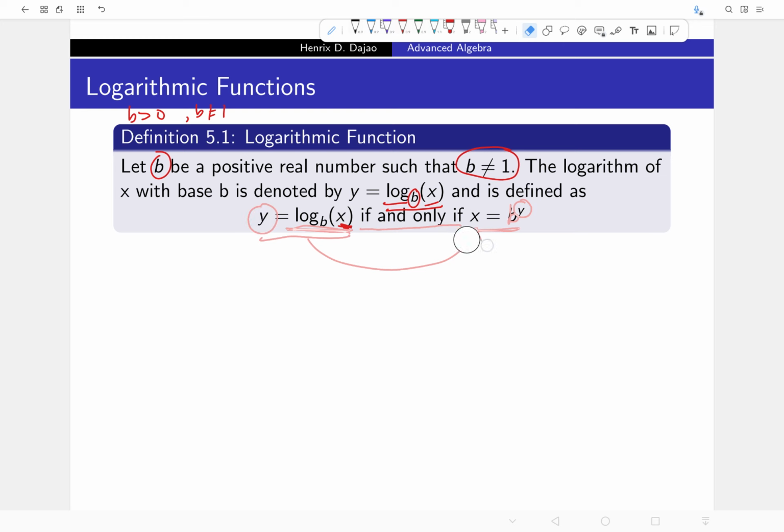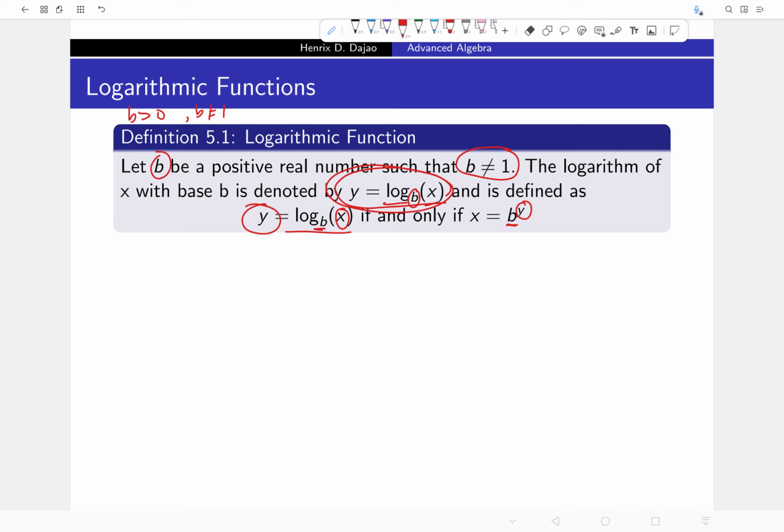To make it short, the logarithm is actually the exponent. So the logarithm is the exponent of base b so that the answer will be x. A function defined in this way is called the logarithmic function.